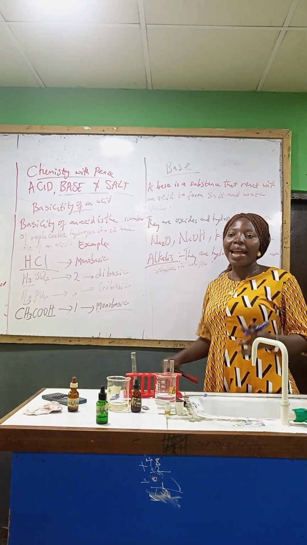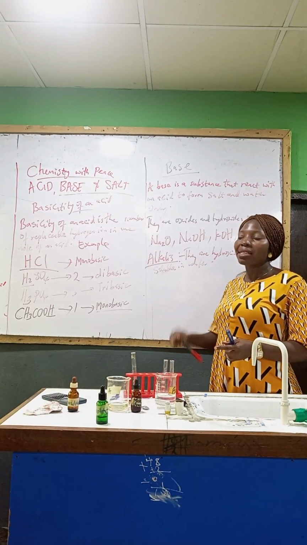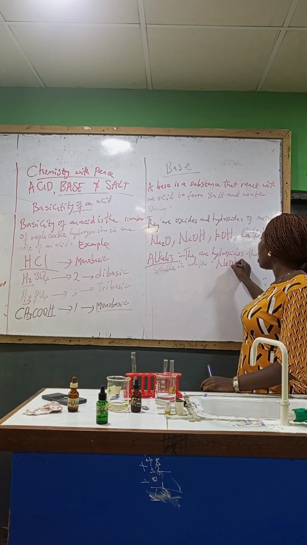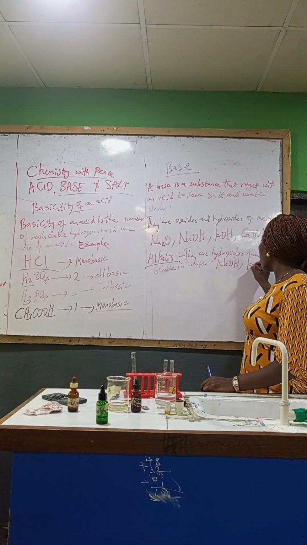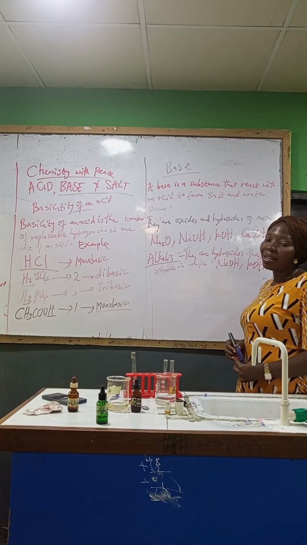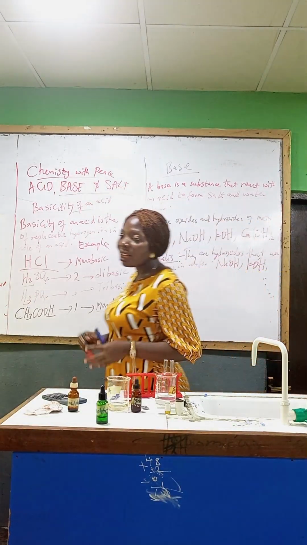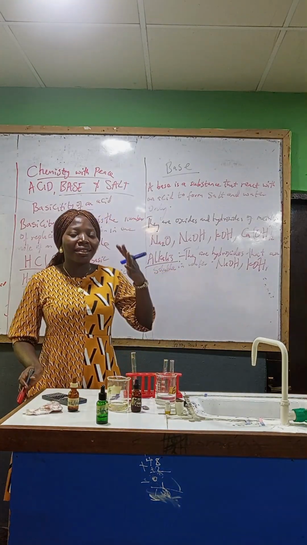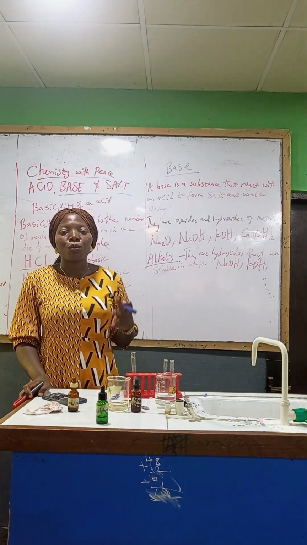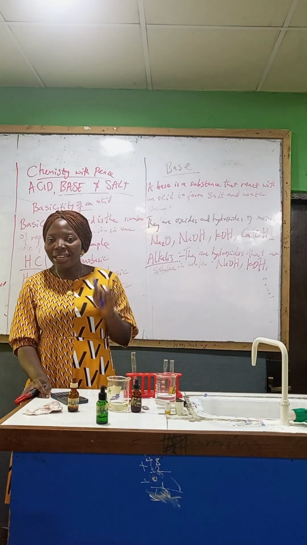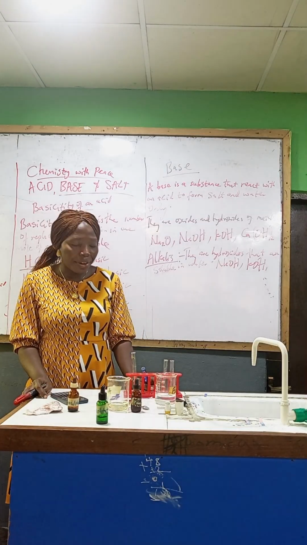They are the hydroxides of strong metals. So there we have sodium hydroxide and potassium hydroxide. They are bases that are soluble in water. They are bases that react with water to produce hydroxide ion as the only negative ion.